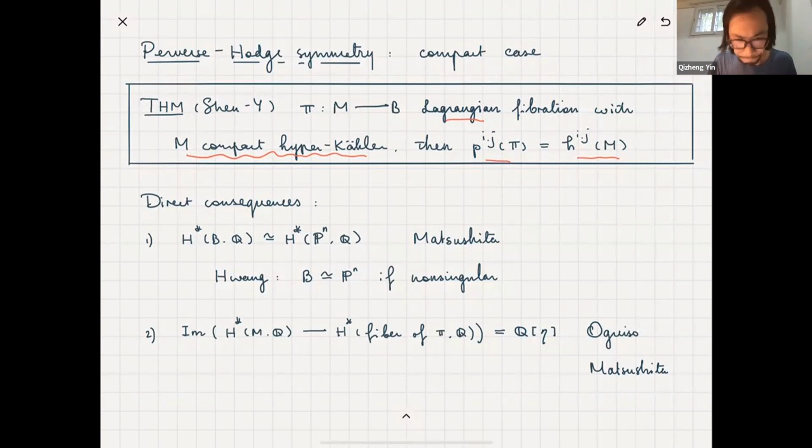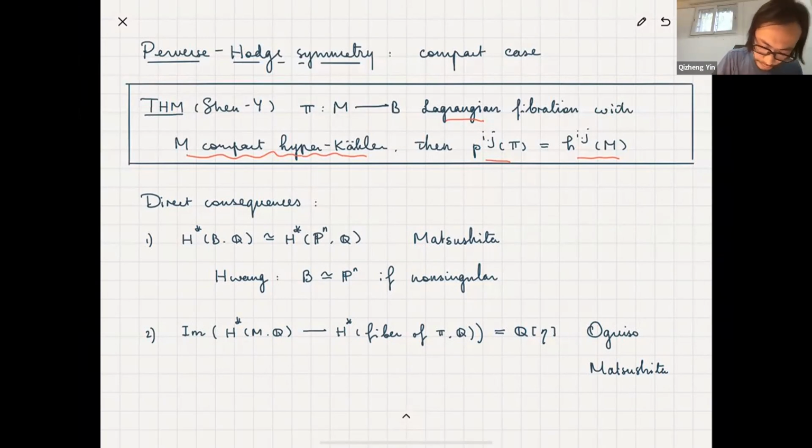First of all, you can use this to give a short proof of a result of Matsushita, namely that if you consider the base B, you can compute its cohomology, and the cohomology will be the same as the cohomology of the projective space.